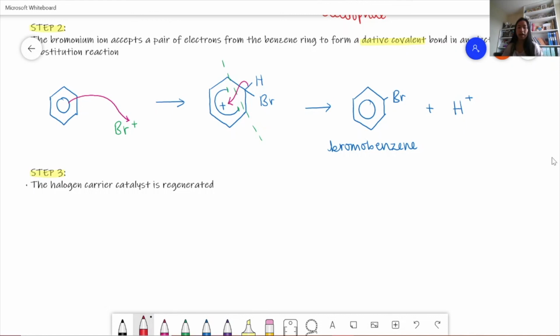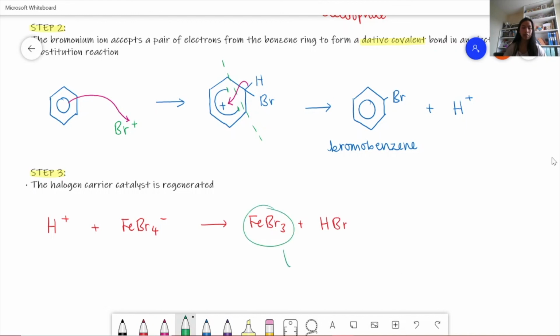So we have H plus, and you're going to react that with the FeBr4 minus that you formed in step 1 when we generated the electrophile. And then what you can form is FeBr3 and also HBr. And so this here is a catalyst that we've regenerated. And also the reason why we call it a halogen carrier catalyst is because these catalysts contain a halogen.